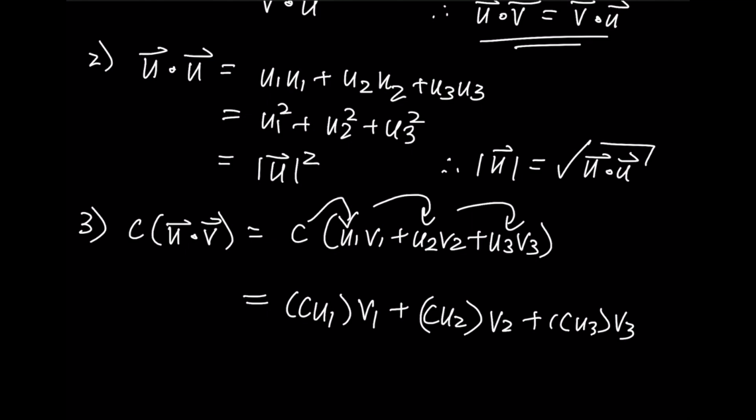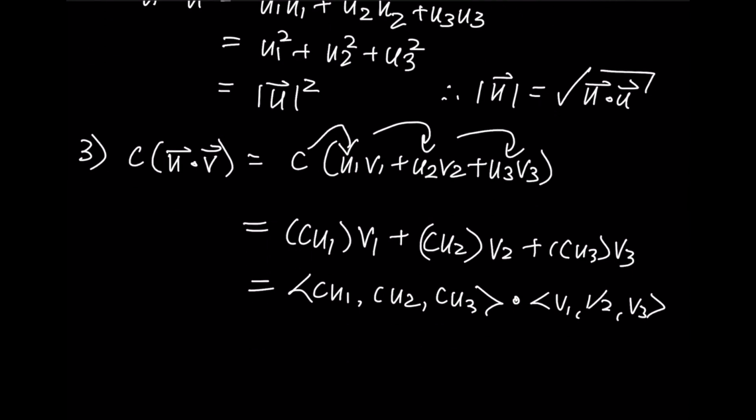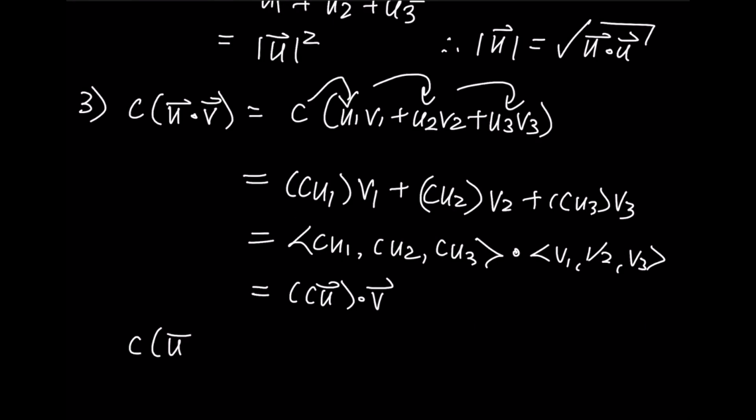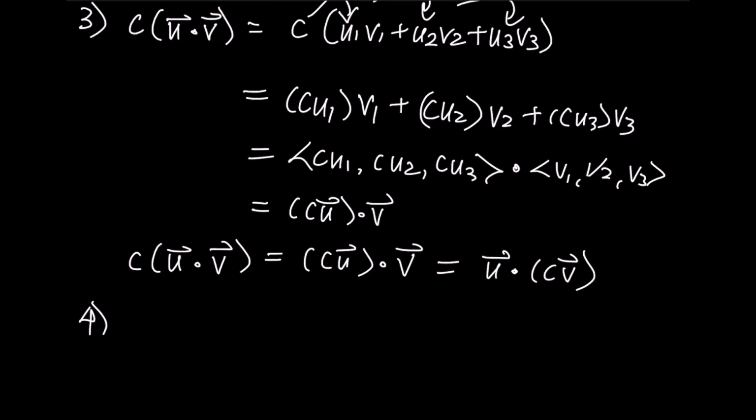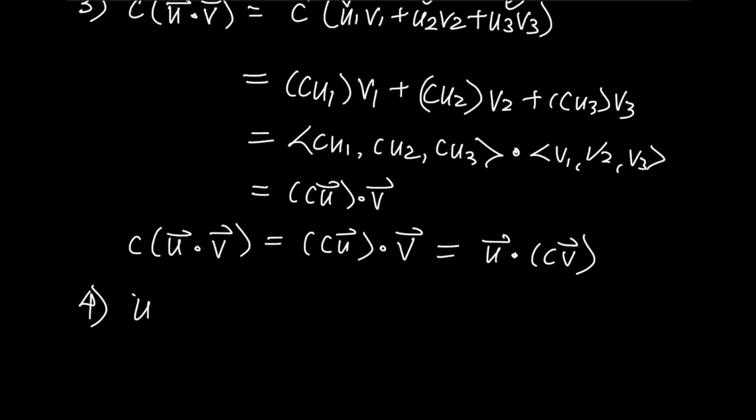And this is exactly the same as if I would have taken the vector cu1, cu2, cu3 and dotted it with the vector v1, v2, and v3, which ends up being the same as cu dotted with v. If I wanted to do the exact same expression, I could have chosen to distribute the constant on the v. So I'm hoping that you can see it doesn't really matter where that constant goes. There's a distributive property that we also have.